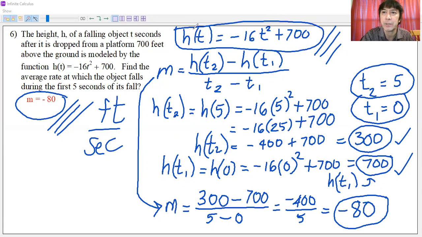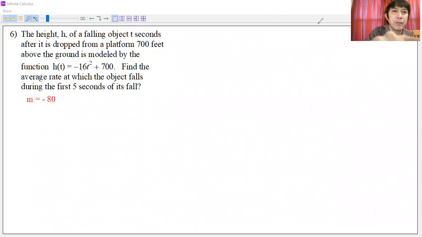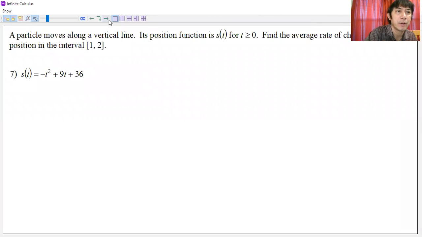Let's continue with number 7. A particle moves along a vertical line. Its position function is s of t for t greater or equal to 0.